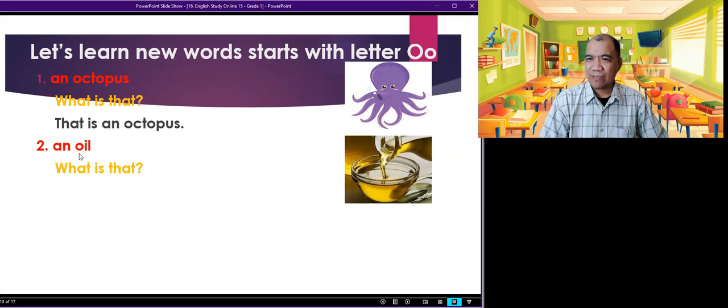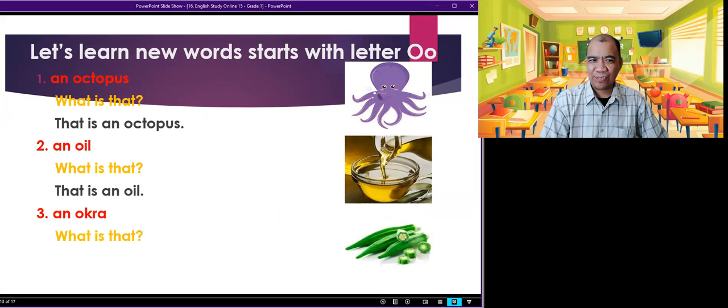What is that? That is an oil. Number 3, an okra. What is that? That is an okra.